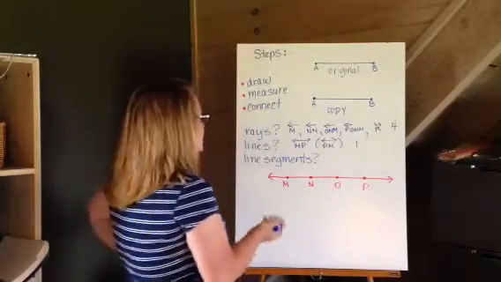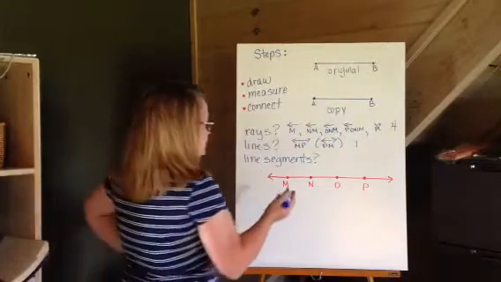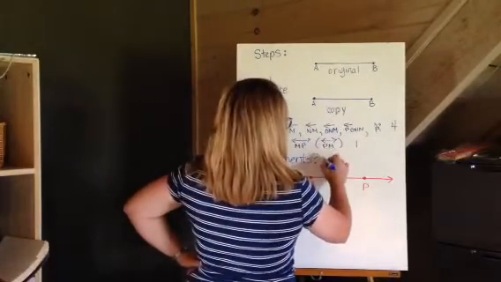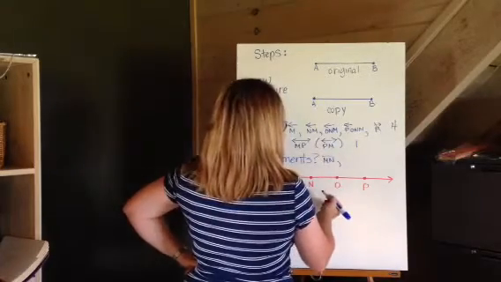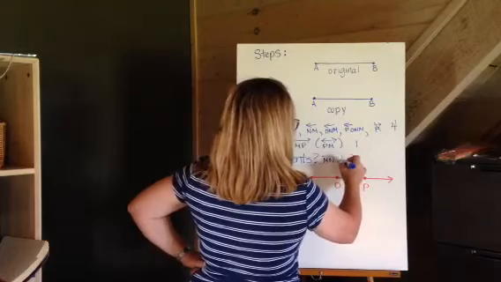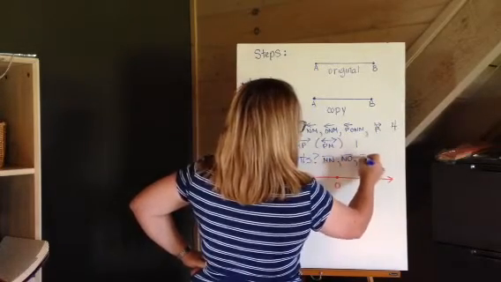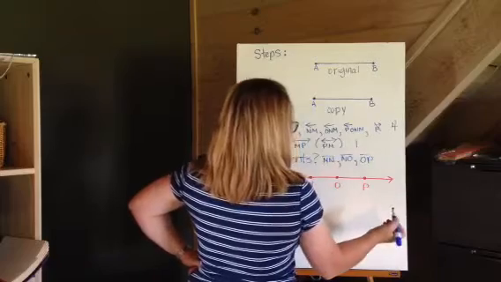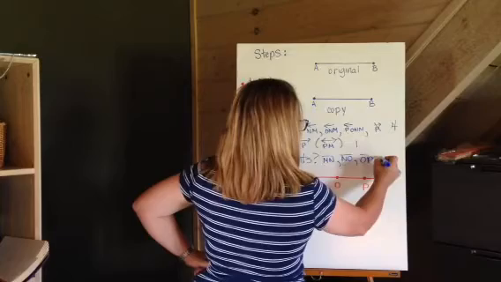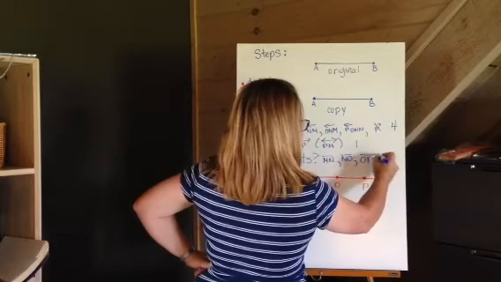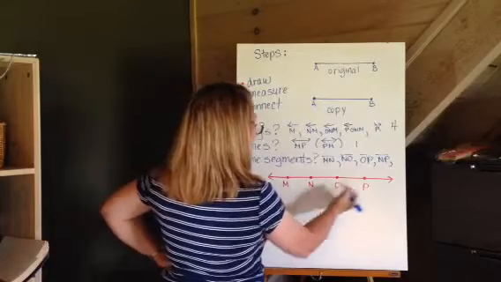Okay, and then line segments, I see lots of line segments. We would have MN, gotta put my line segment above that. I could have NO, I could have OP, I could have NP, I could have MP.